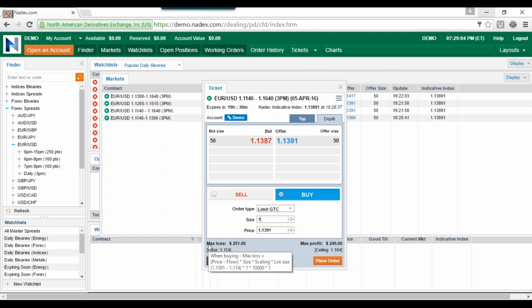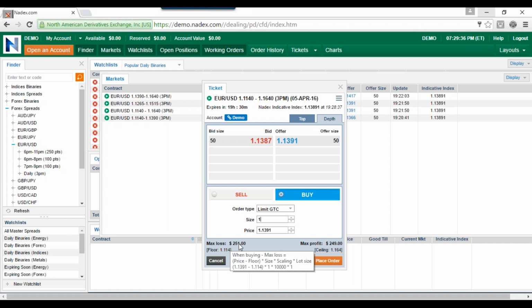You see max loss 251. And the first thing that comes to your head is I can enter this trade and lose $251 on this trade. Man, I want to go back over to that $70 binary right now. I like that a lot better, right? That's the first thing that comes to mind, and it's the biggest misconception with spreads.